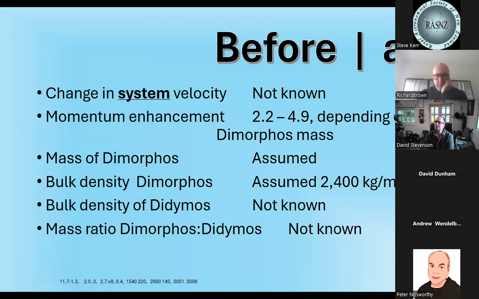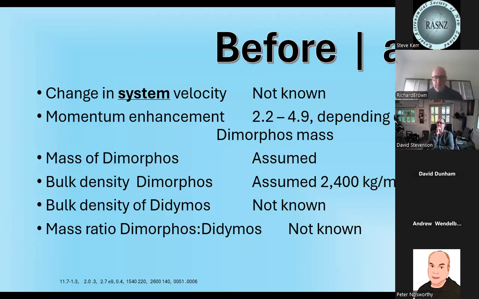The before column of this is what they derived from the direct impacts on Dimorphos, and from the time differences when they observed the change in the orbital period of Dimorphos around Didymos.